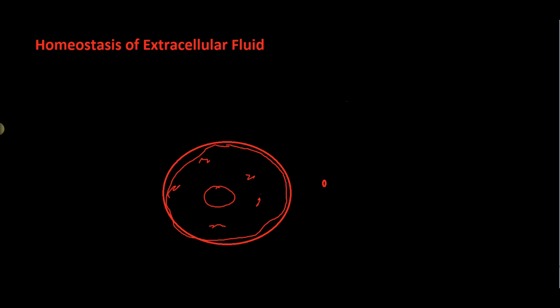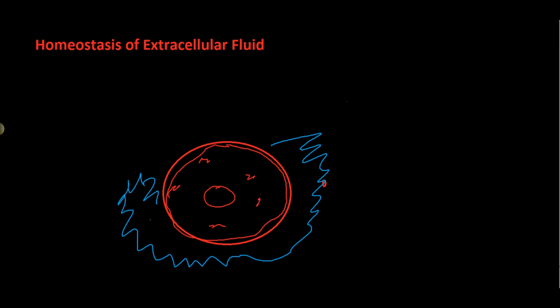And the area outside the cell is surrounded by an interstitial fluid. And the interstitial fluid is made up of water and electrolytes and various other things. So water, electrolytes, and a protein matrix, essentially.